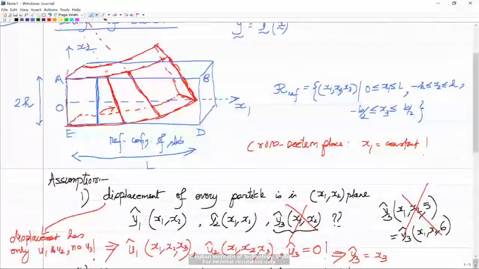This is that line, x2 equal to constant.